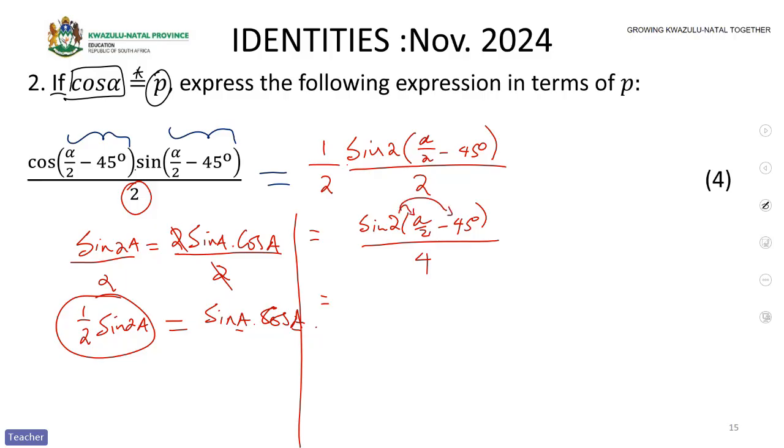You multiply each angle by 2, because 2 is a common factor if it's expressed in this fashion. So it is going to be 2 into alpha over 2, because it's 2 over 1, this will cancel this, and we're left with 1. So it's going to be alpha, then less, because 2 divided by 2 is 1, alpha divided by 1 is alpha. 2 times 45 is going to be negative 90 degrees.